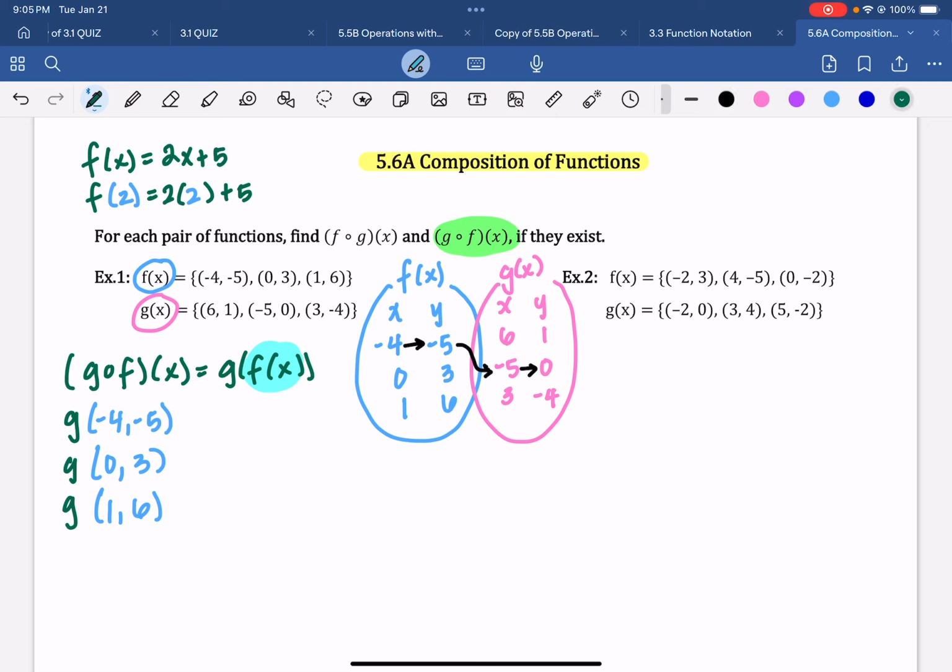So this ends up working like this. Negative 4 goes to negative 5 in the f, and then when I put that into g, it ends at 0. So from beginning to end, that is negative 4, 0. Okay.